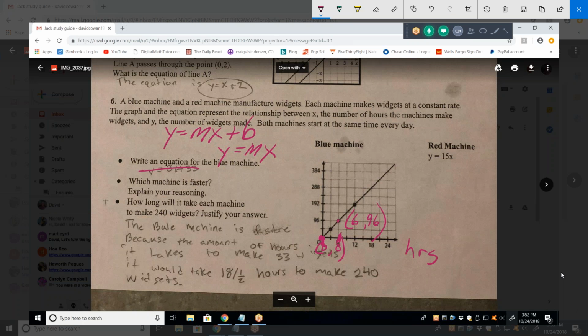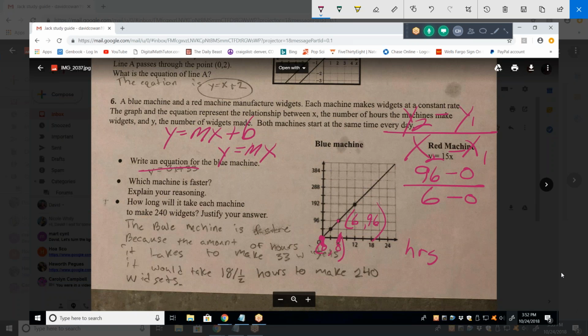So, our slope is 16. 96 divided by 6. In other words, the definition of slope is 96 minus 0, all divided by 6 minus 0. So all I'm doing is y sub 2 minus y sub 1 divided by x sub 2 minus x sub 1. Remember, that's what slope is.